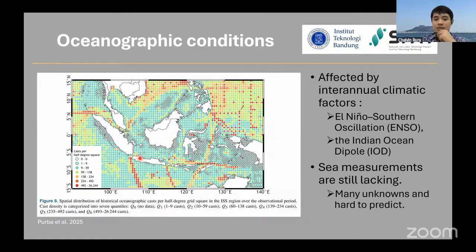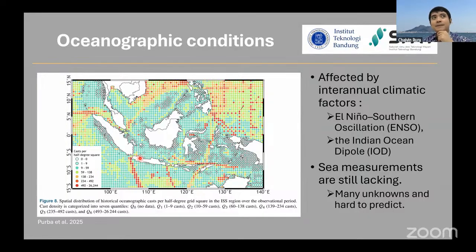Because of its position, Indonesia is affected by the Pacific and the Indian Ocean. It's also affected by interannual climate patterns, such as El Nino. Currently, I think we're experiencing El Nino, still until the end of the year, and also the Indian Ocean dipole, which makes the Indonesian weather very uncertain.